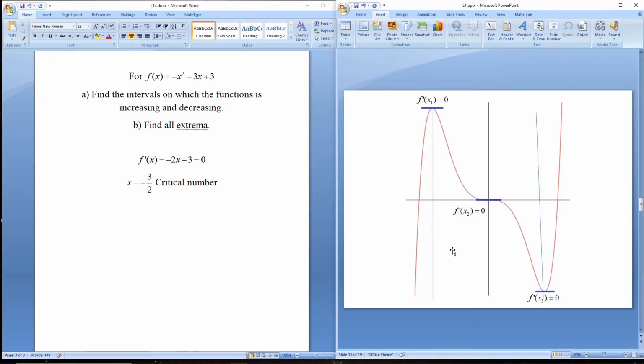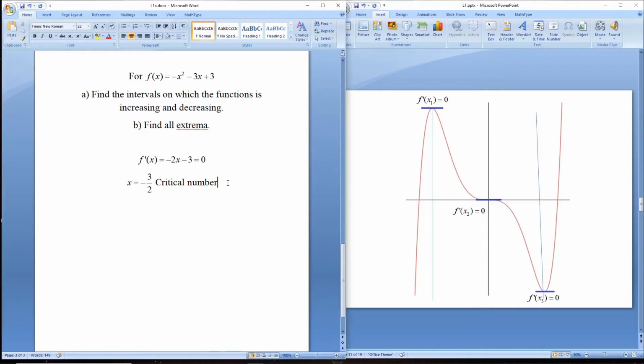And so what we're going to do is take our critical numbers and write them on a number line and break it into these regions, because we know the critical number is the only place where the function will change monotonically.